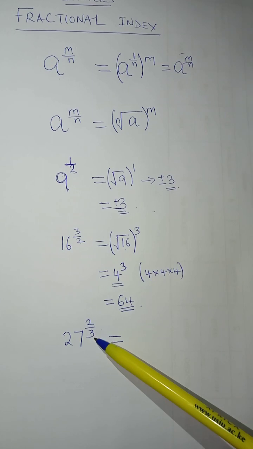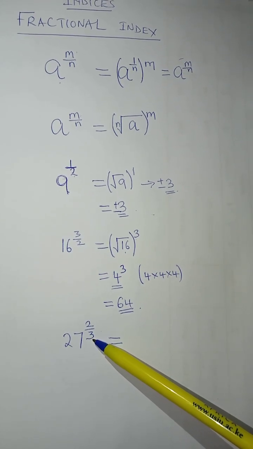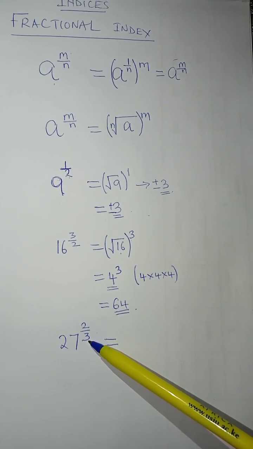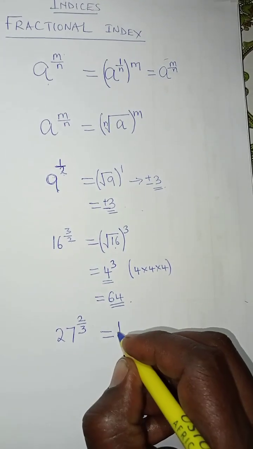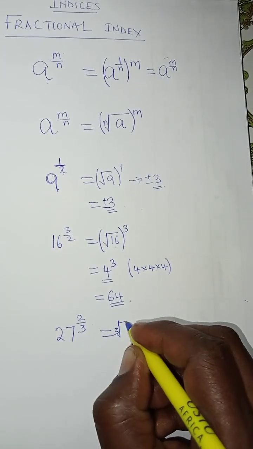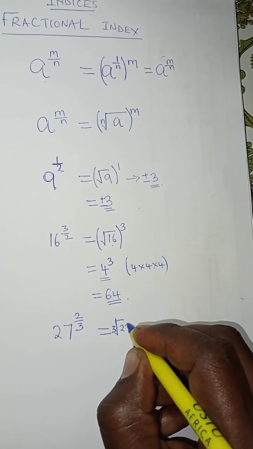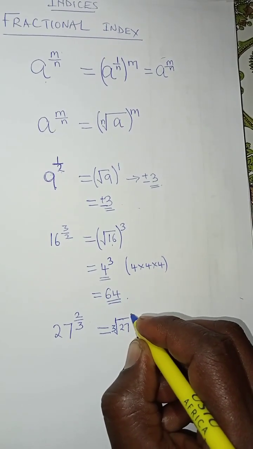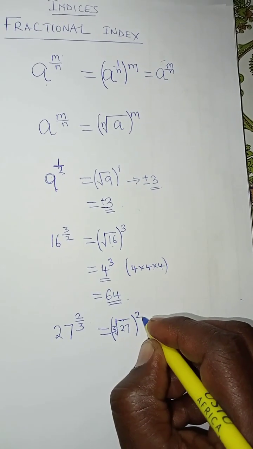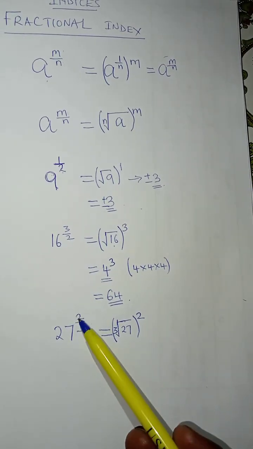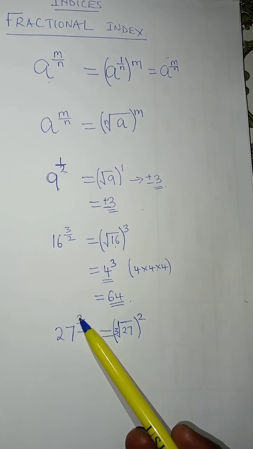So a 3 stands for what in the first step? It stands for a cube root. Therefore, the first thing is find the cube root of 27. After finding your cube root of 27, raise whatever you get to power 2. The last power to handle is this power 2 over here.